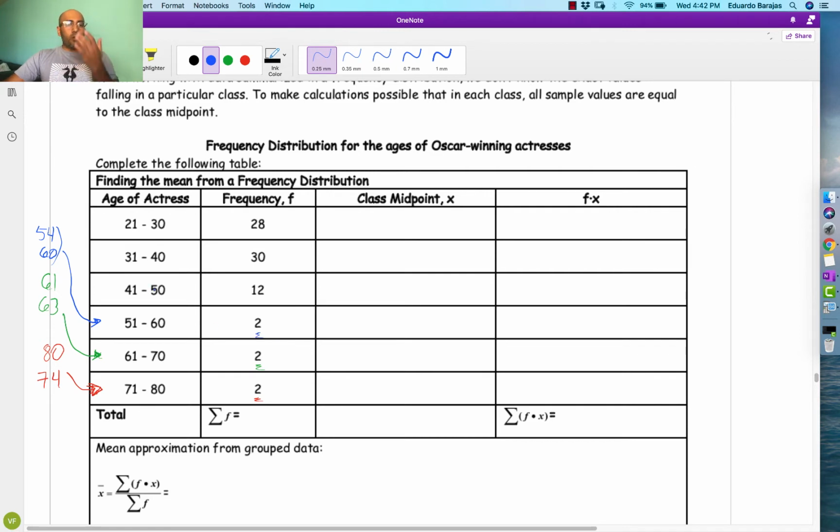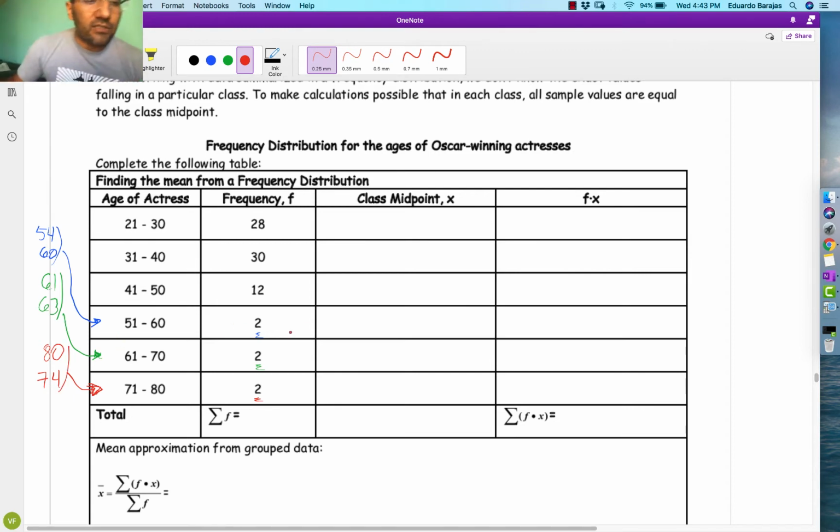Okay, well, if we keep going, we count through, we see that there's going to be 12 women that fall between the ages of 41 to 50, 30 women that fall between the ages of 31 to 40. Okay, so hopefully that means we have a pretty good understanding of what this table is indicating for us. And now, what if this is all we had to go by?